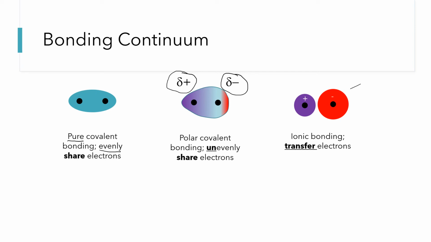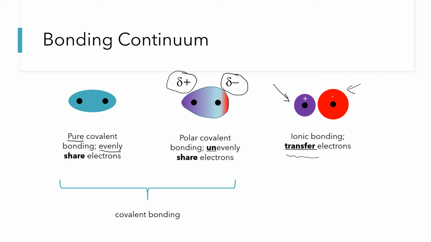That's what happens here with ionic bonding. We have an atom that pulls that electron away from the other atom, and the atom where it's missing will have a positive charge. And so when this happens, we say that the electrons have transferred and we formed an ionic bond.